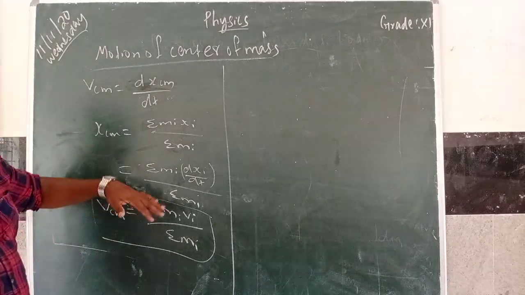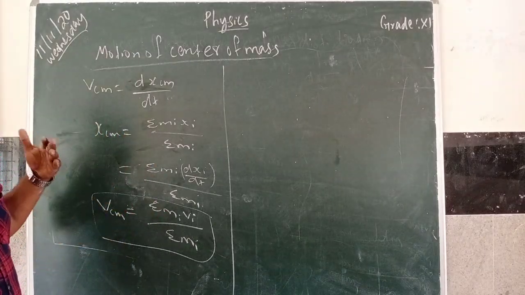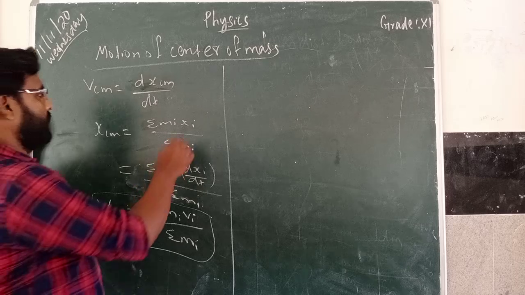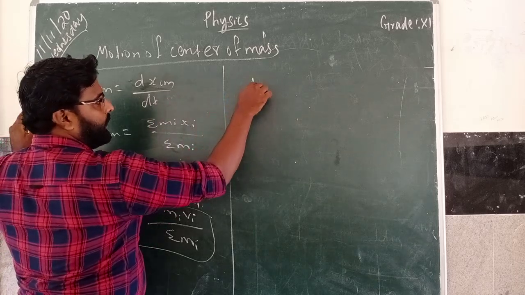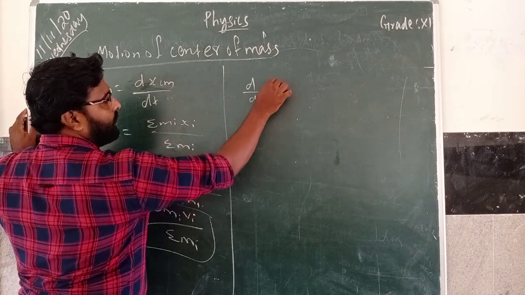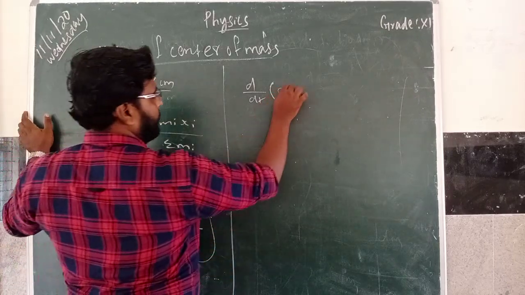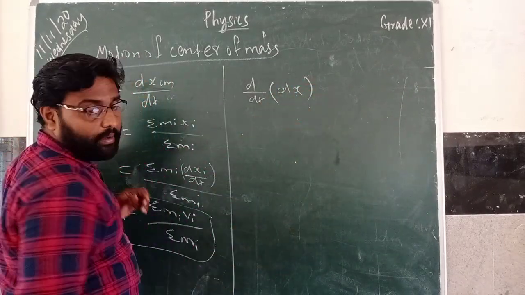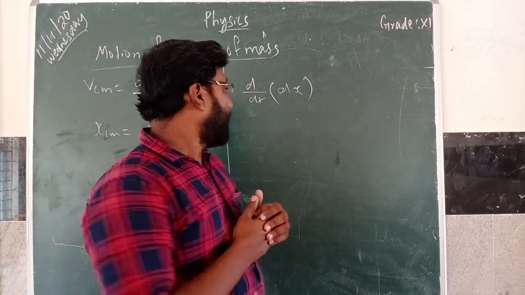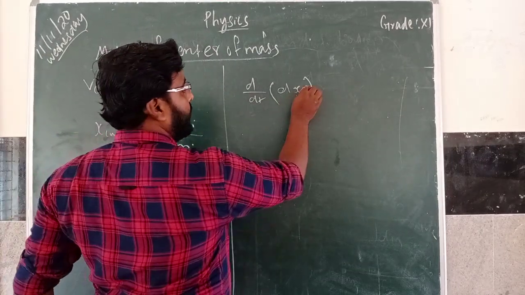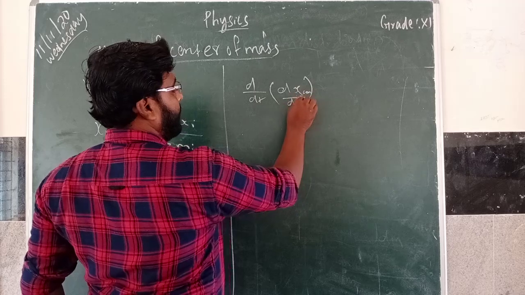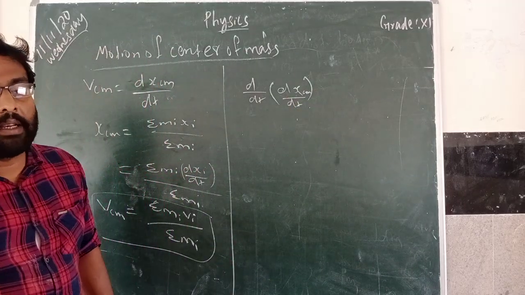Now, if you differentiate one more time, we will get the acceleration. For that, d by dt of this, you can differentiate dxcm by dt one more time. This is the second differentiation.